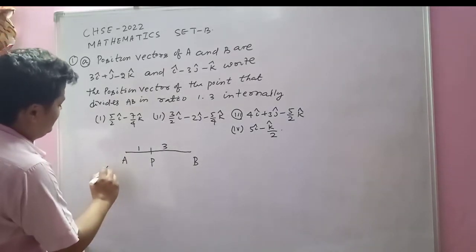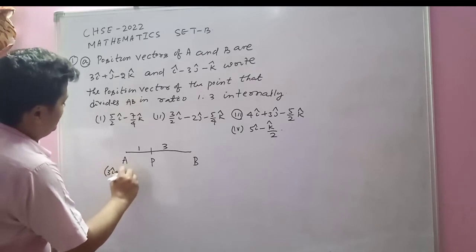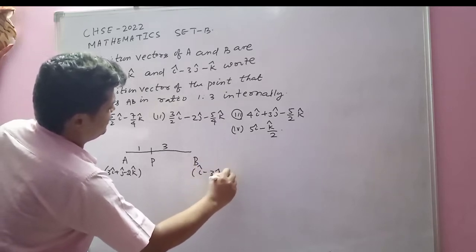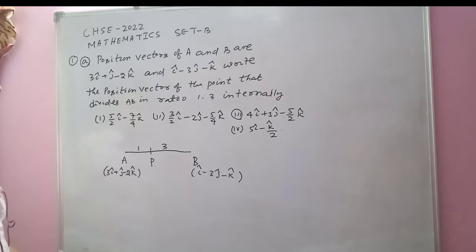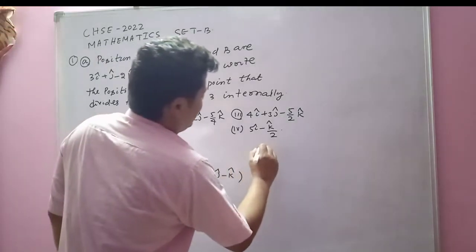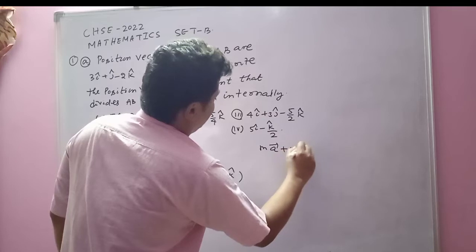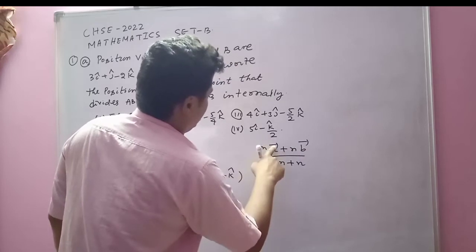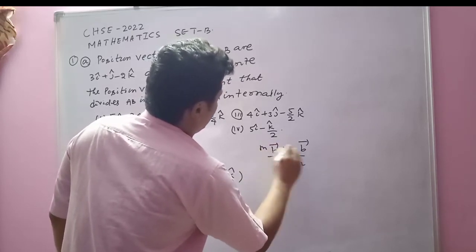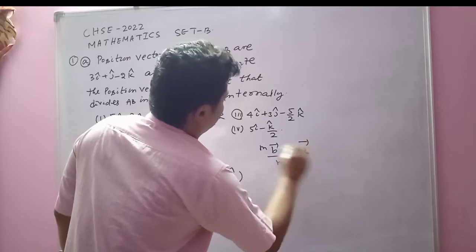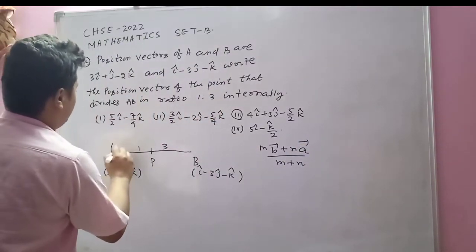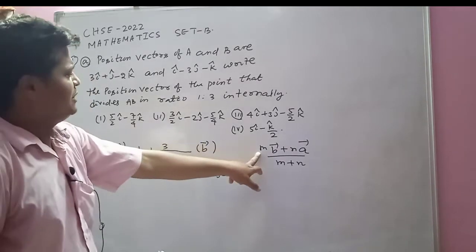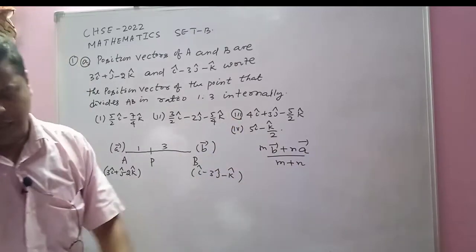We all know the position vector formula: m a bar plus n b bar divided by m plus n. Sorry, m b bar plus n a bar divided by m plus n. If the position vector of A is a bar, position vector of B is b bar, then the answer becomes m b bar plus n a bar divided by m plus n.